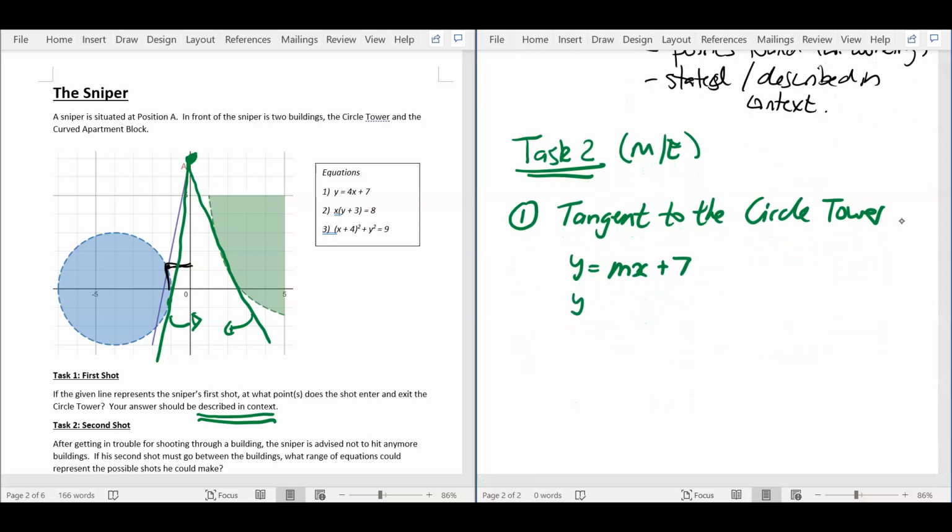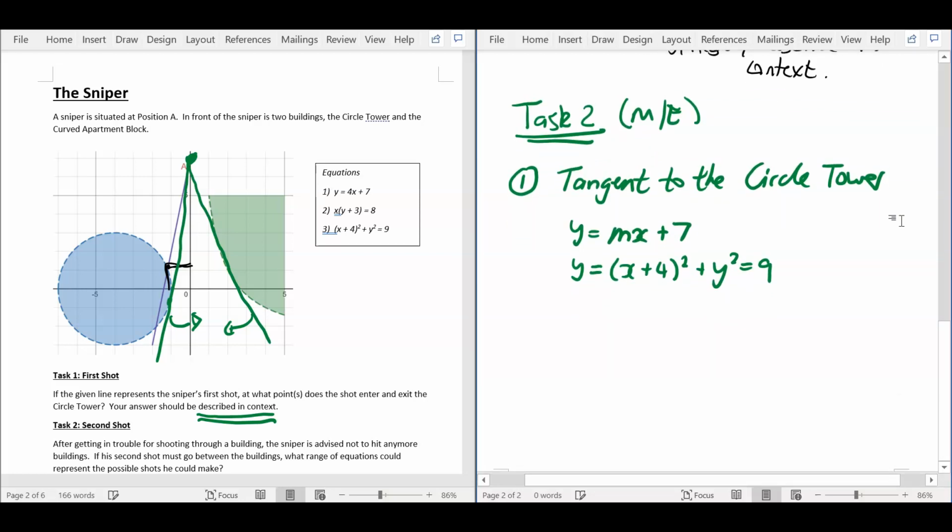We're linking that together with the circle equation. So we've looked at this before, but that's (x plus 4) all squared plus y squared equals 9. So what we're going to do is get rid of that. We don't need that part, y equals, but the y over here is going to be equal to mx plus 7. So let's substitute that in.